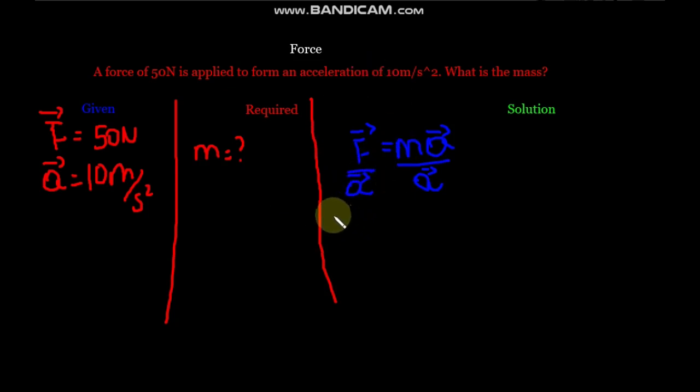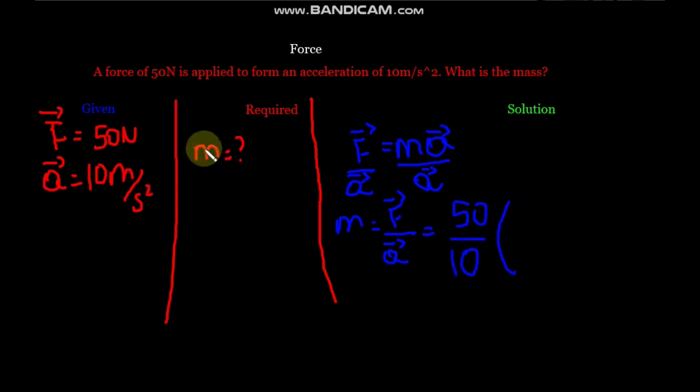And we'll get mass equals force over acceleration. I'm going to write the coefficients first, which are 50 for the force and 10 for the acceleration, and I make a bracket and write the units.